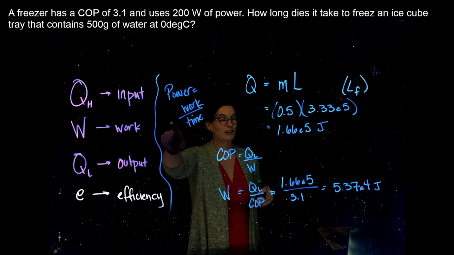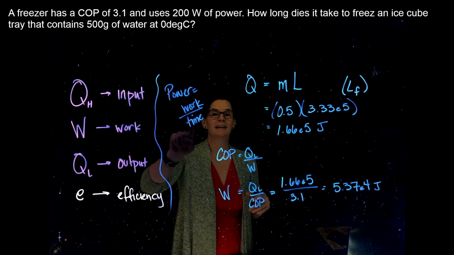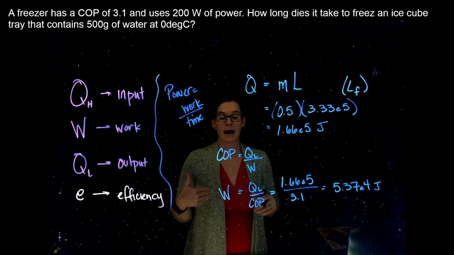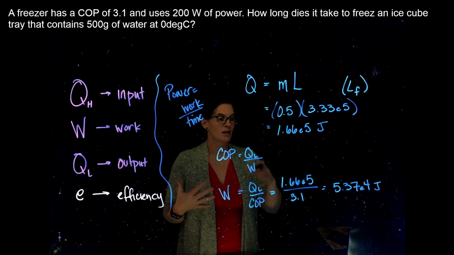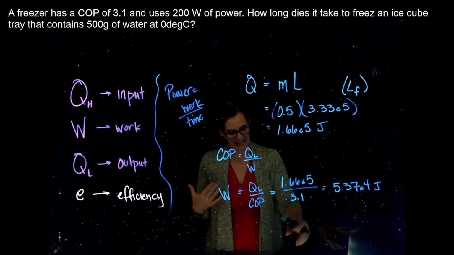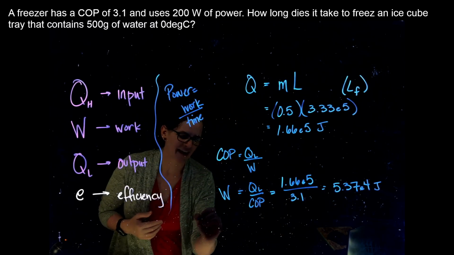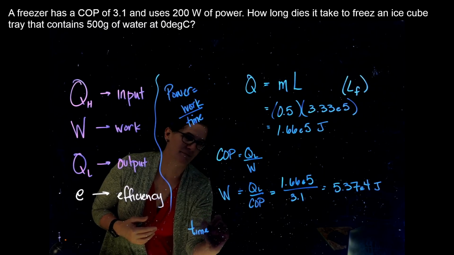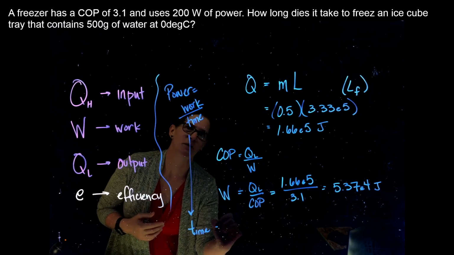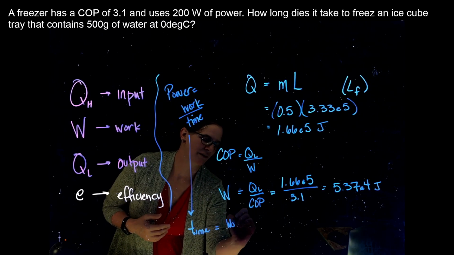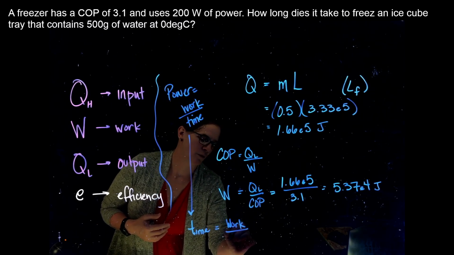I know how much work the freezer can do per time, right? How much work it can do every second. So if this is how much work I need, then the time is going to be the work needed over the power rating of that freezer.